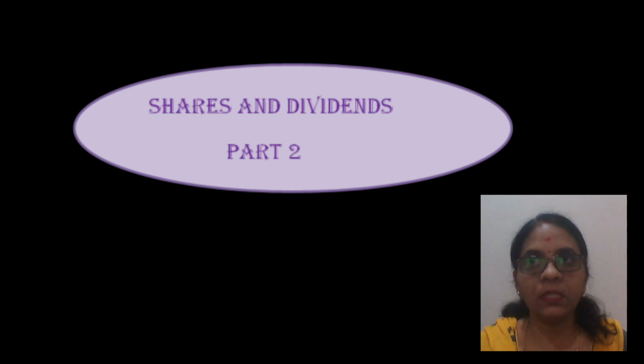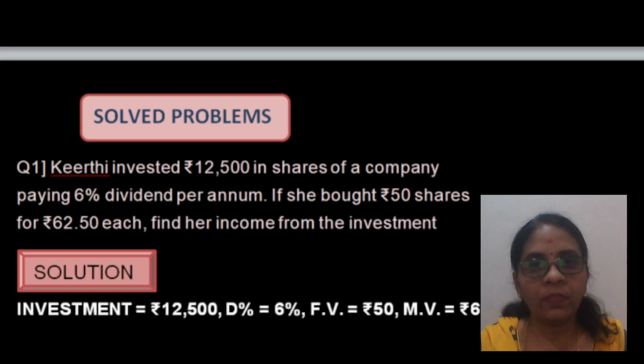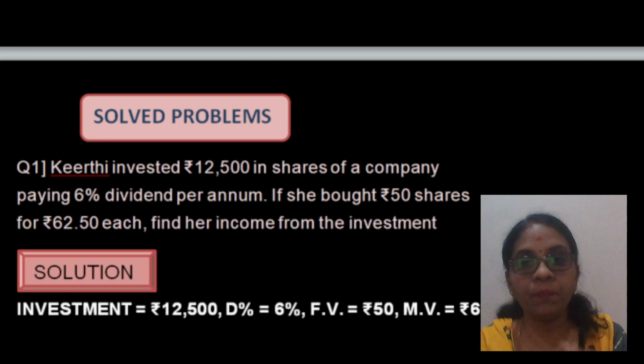So let's go to the first question. Kirti invested 12,500 in shares of a company paying 6% dividend per annum. Reading the question is very important. Kirti invested 12,500 in shares of a company.